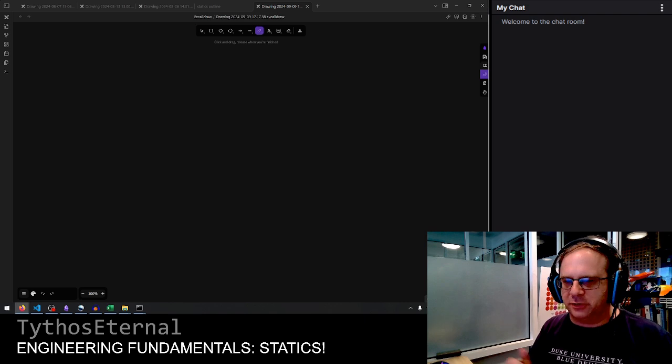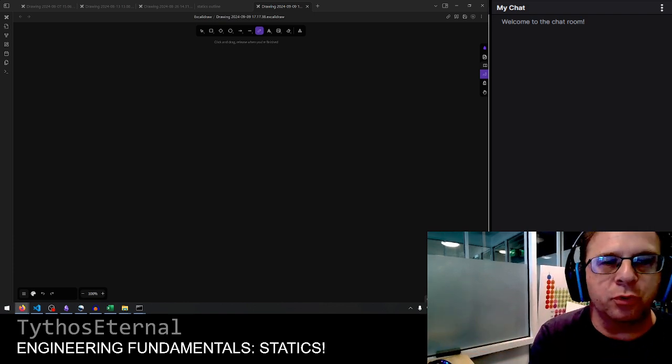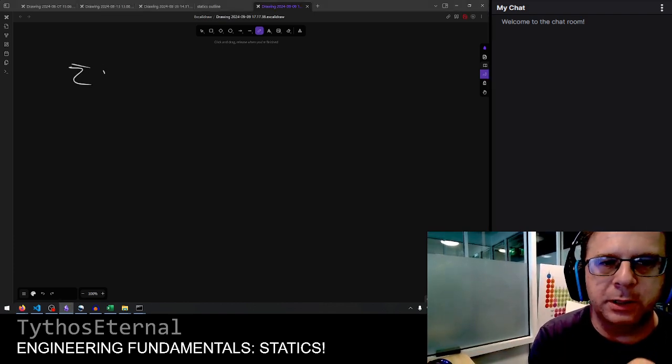Well, at the end of the day, statics is defined by a specific constraint that we place on systems of forces and moments. And as you might imagine from the name, if you'll recall, we had this form of Newton's second law.